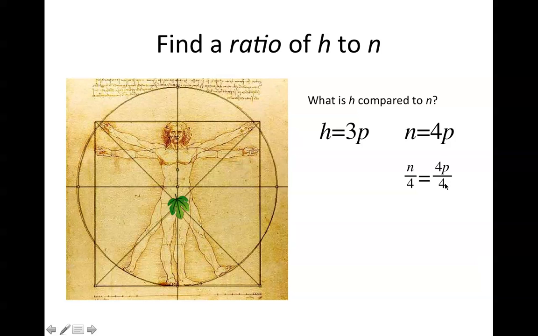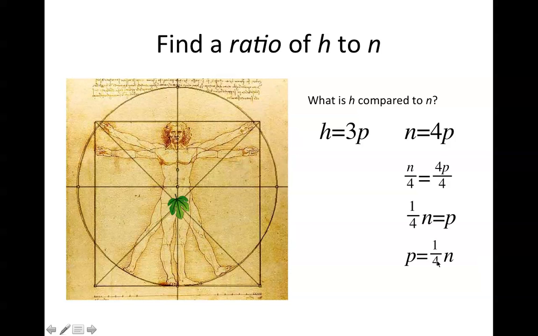When we simplify this one, we'll have 1/4 N on the left-hand side, and on the right side of the equation we'll have just P. 1/4 N equals P. Finally, we can use the symmetric property of equality to state that P is equal to 1/4 N. Now we have something we can substitute.